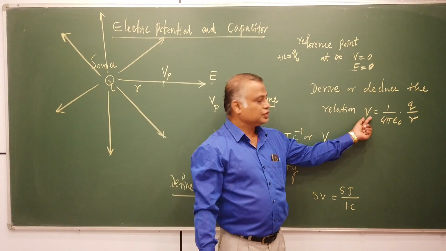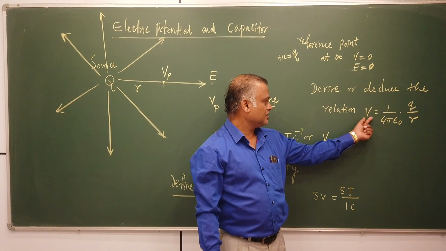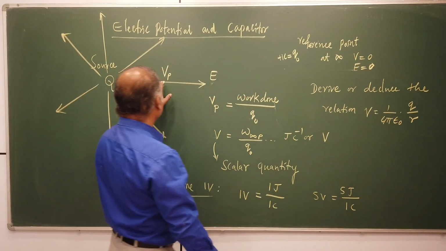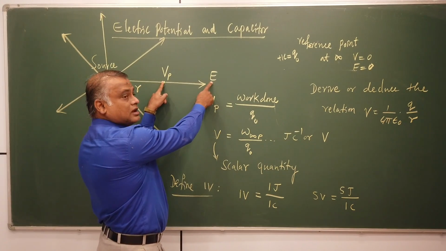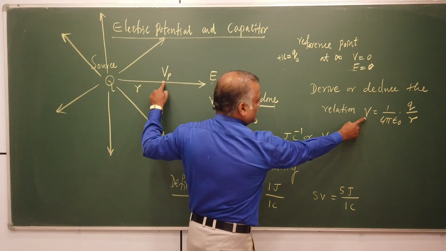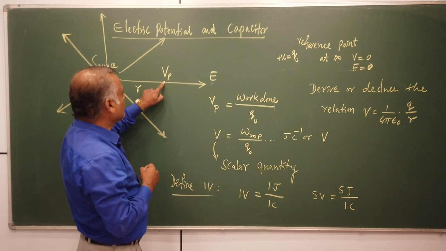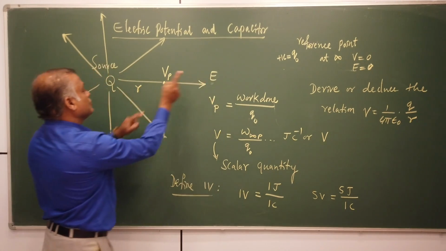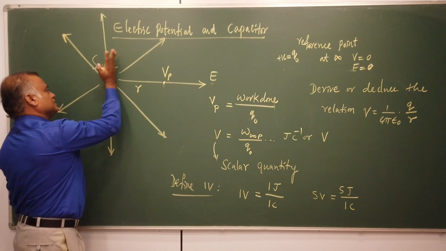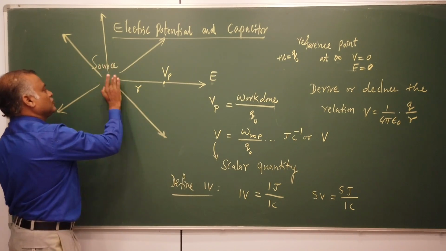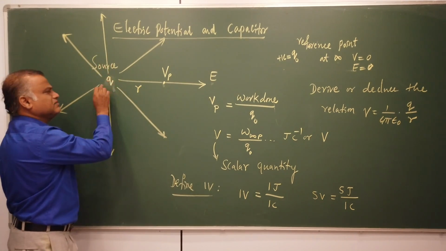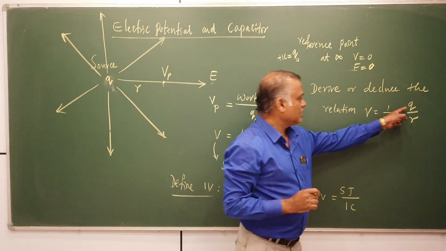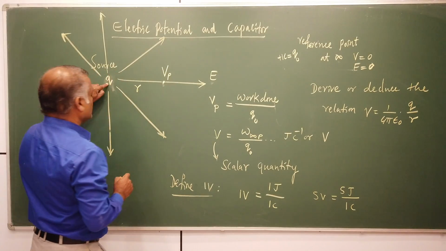The question is, you have to prove the relation. What is this V? Potential at a point in an electric field, due to a point charge. Let us take this point charge as say Q. It may be capital Q also. I have written small q here, so I write small q.